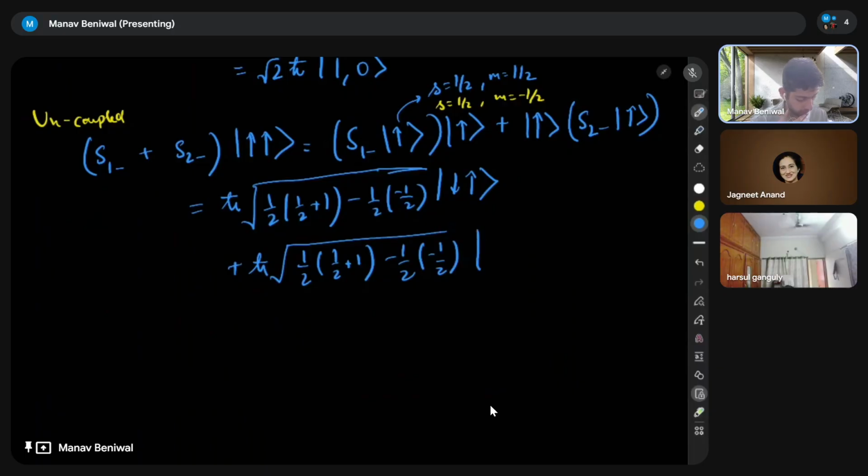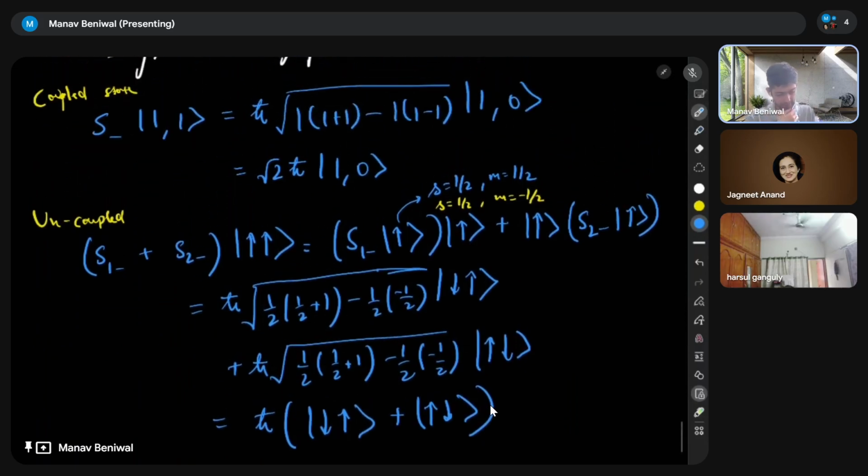The only difference is that the first spin will be up and the second will be down. 1 by 2 plus 1 is 3 by 2, 3 by 4 plus 1 by 4, so this is just 1. So we can write this in total as h cut common, down up plus up down.